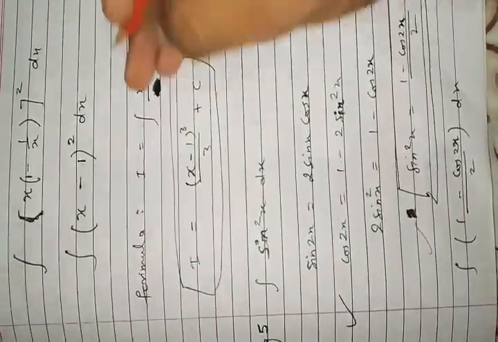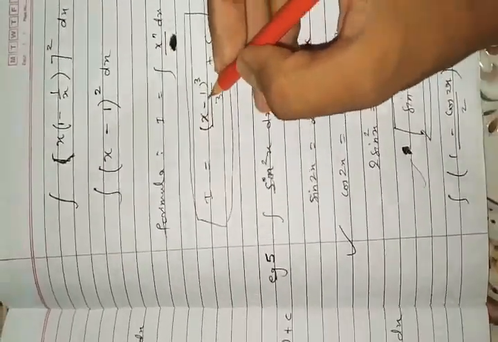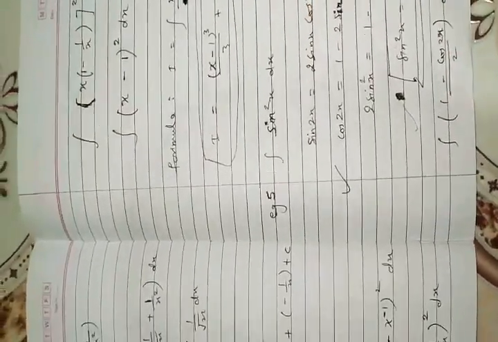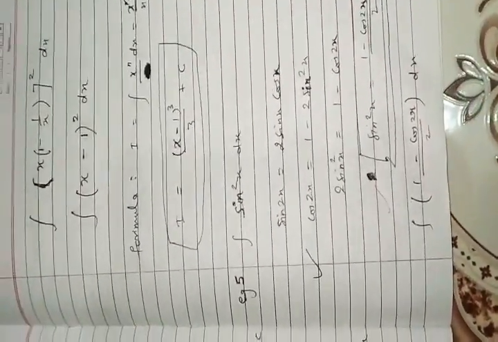So after applying this formula, you will get x minus 1 raised to 3 upon 3 plus c. So this is our answer.